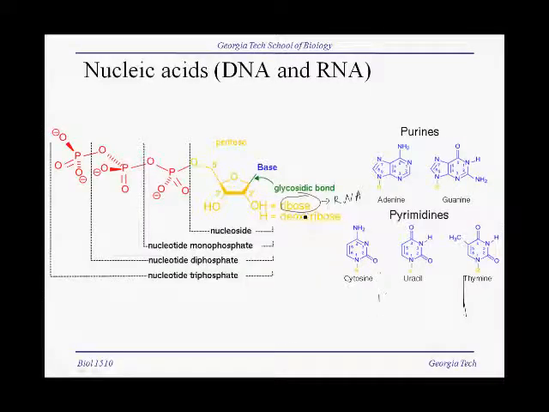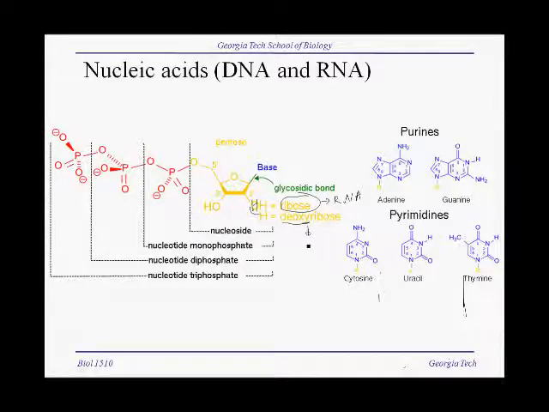In DNA, it still uses ribose, except instead of this hydroxyl, there is only a hydrogen. There is no oxygen, and hence the name deoxy, no oxygen. Okay, one of the oxygens is missing, so it's deoxyribose.